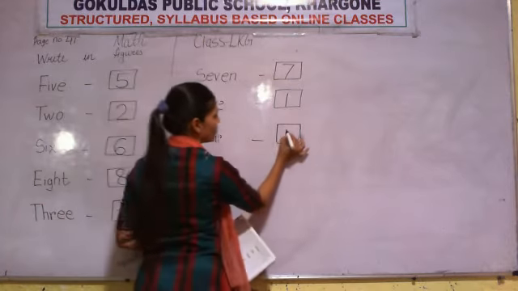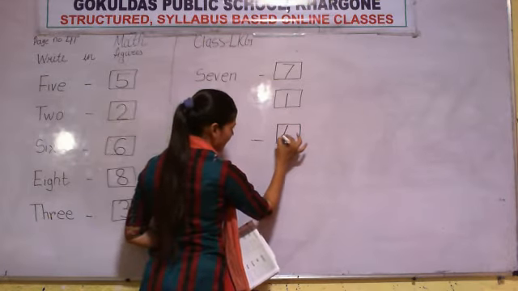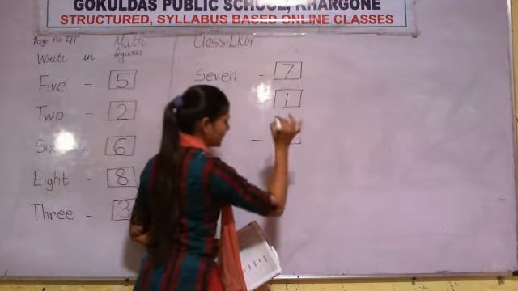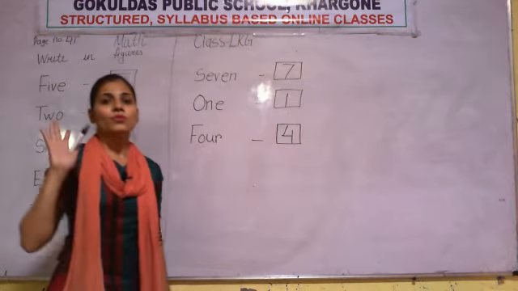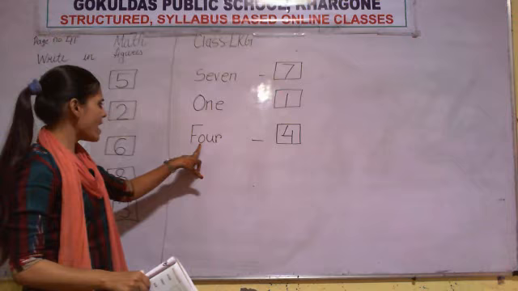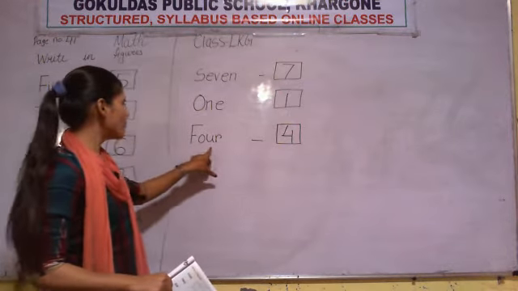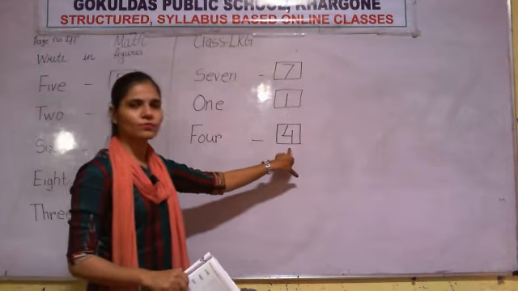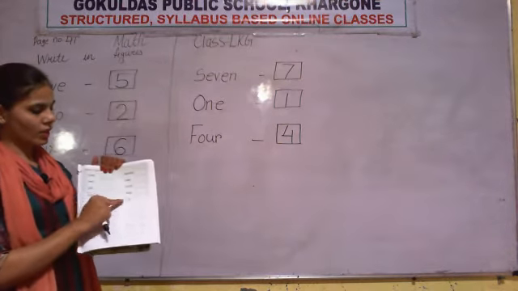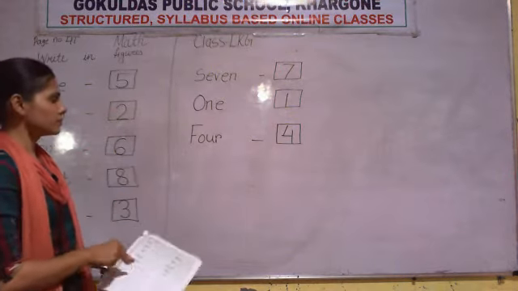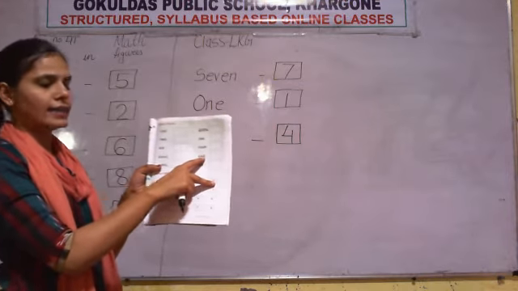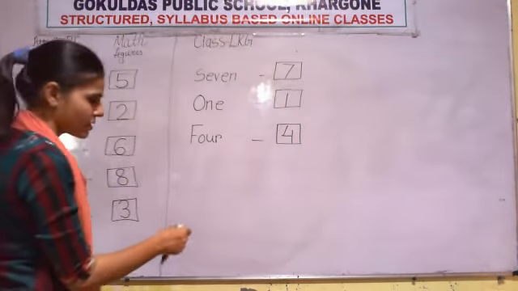How to write number 4? You make a slanting line, a sleeping line and a standing line. This is number 4. Next, N-I-N-E. Okay, next is N-I-N-E.